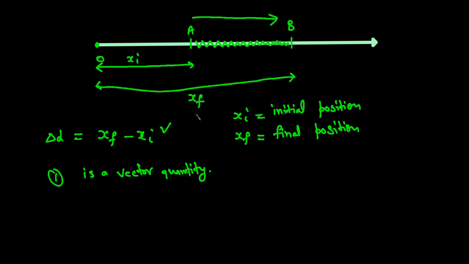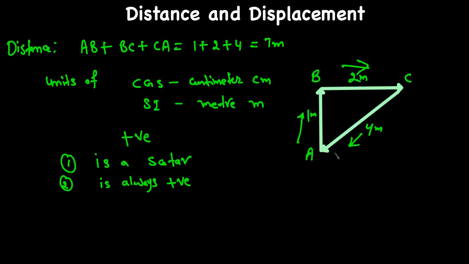And second thing, displacement can be 0, positive, or negative. Now let's go back to our distance example over here. In this case, my initial position and the final position are the same, so we came back to the same point. So what should be the displacement?